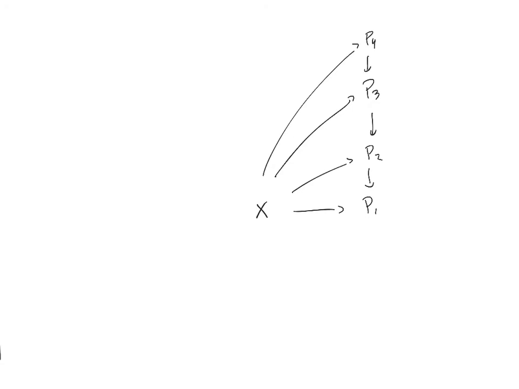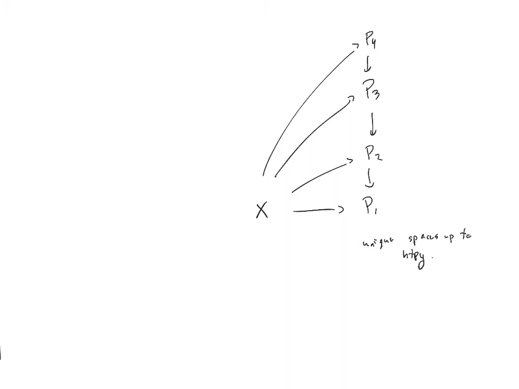So these guys are unique spaces up to homotopy. And maps between them are unique.